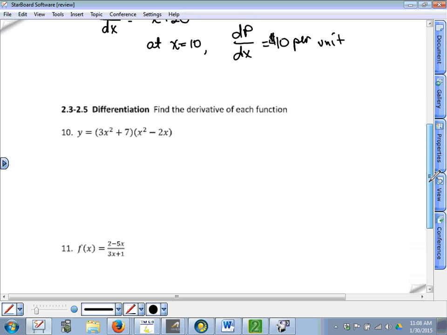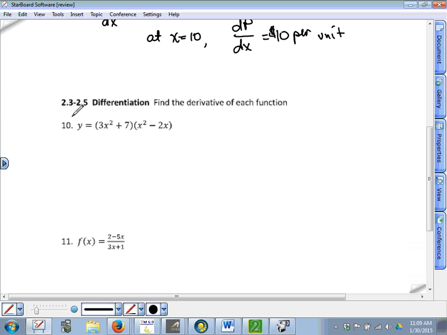Alright, in 2.3 through 2.5 we learned some more rules and properties of differentiation. This one here, for example, number 10, would be the product rule. If taking the derivative of the product of two functions, it would be f prime times g plus f times g prime.